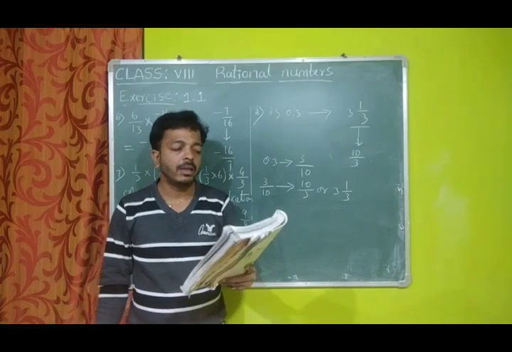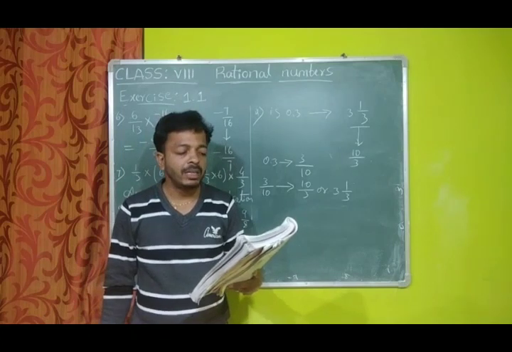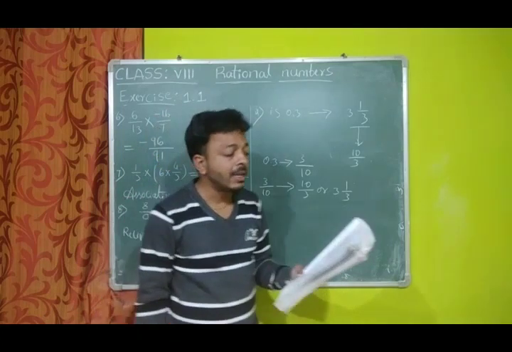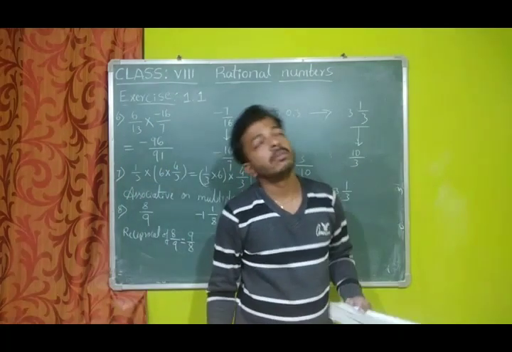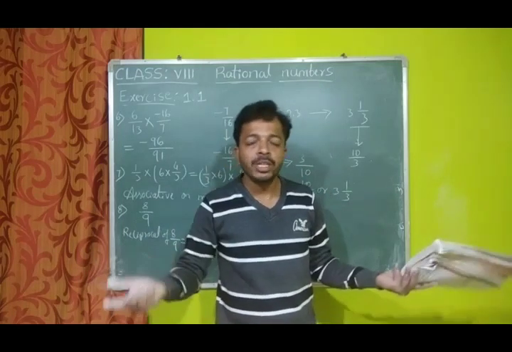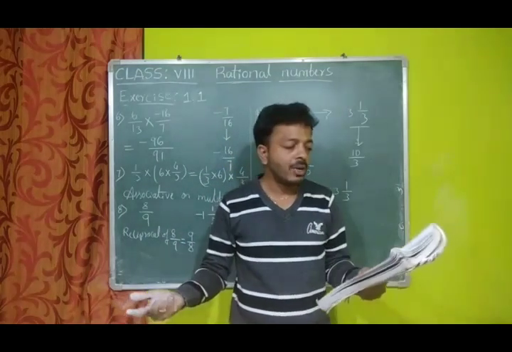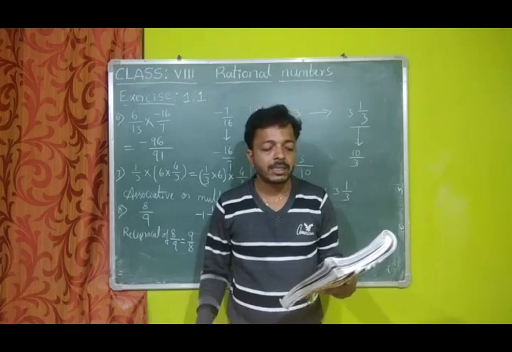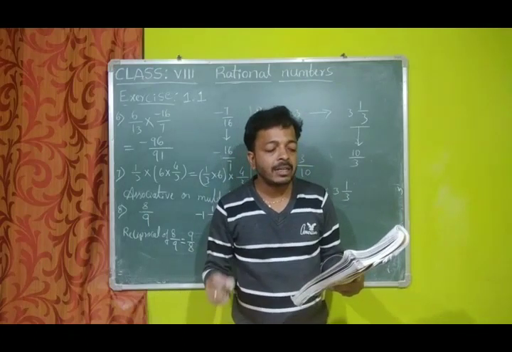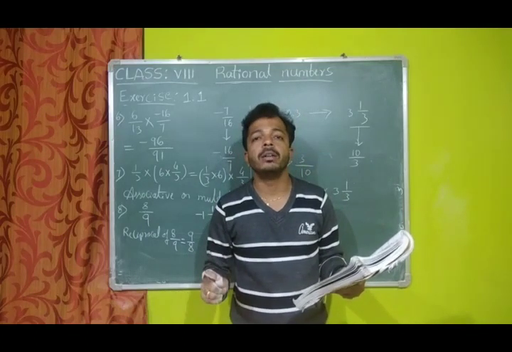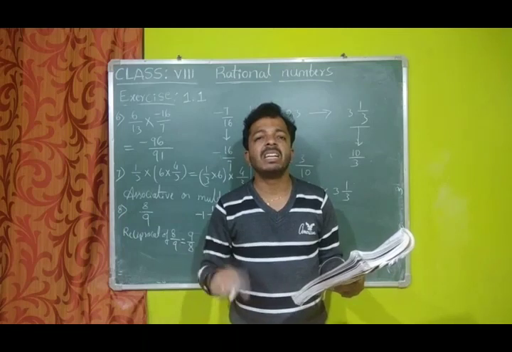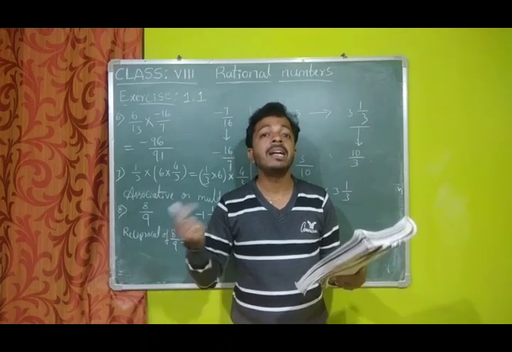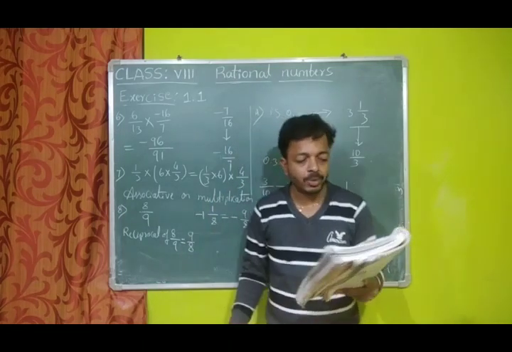And the 11th question, fill in the blanks. How many reciprocals does 0 have? No reciprocal at all. 0 has no reciprocal. The numbers dash and dash are their own reciprocal. Minus 1 and 1 are their own reciprocals.